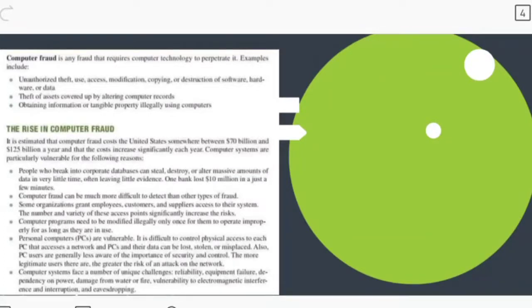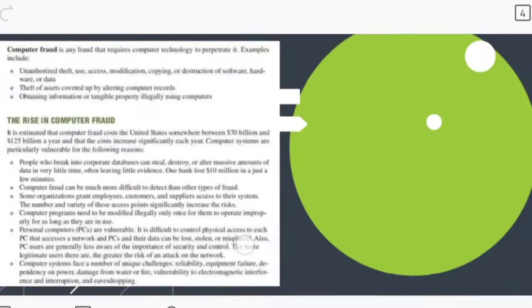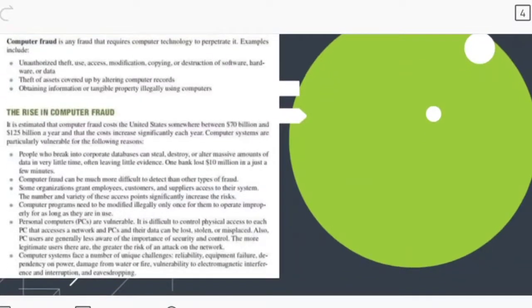It is difficult to control physical access to each PC that accesses a network, and PCs and their data can be lost, stolen, or misplaced. Also, PC users are generally less aware of the importance of security and control. The more legitimate users there are, the greater the risk of an attack on the networks.